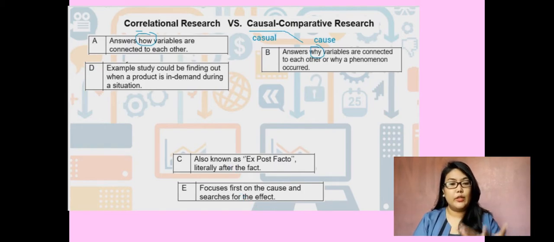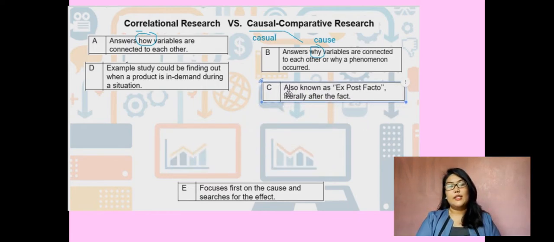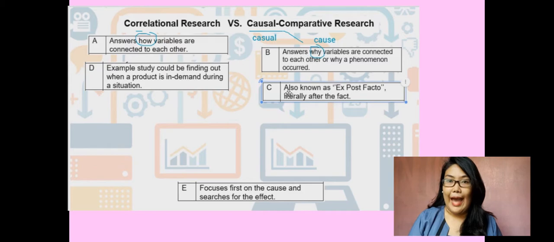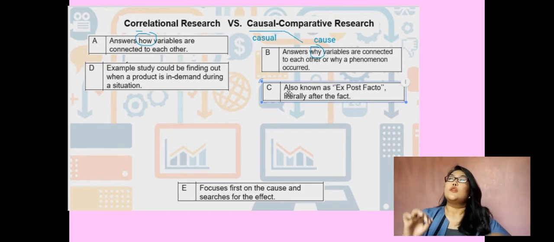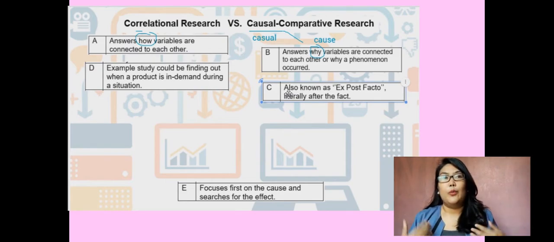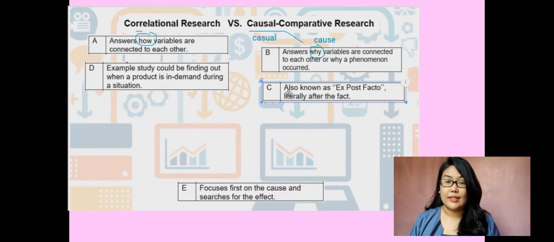Next, now another idea would come up. Okay? This is also known as ex post facto, which literally means after the fact. So, again, we cannot have a study about causal comparative if it didn't happen yet. Kapag hindi pa nangyari.